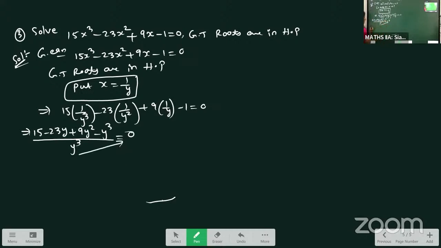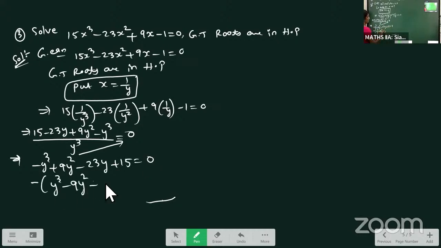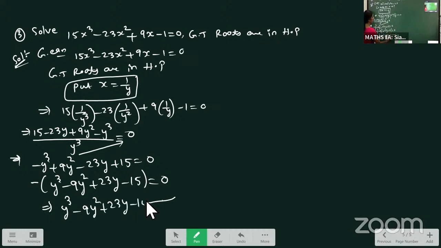Write in reverse order: minus y cube plus 9y square minus 23y plus 15 is equal to 0. Take minus common: y cube minus 9y square plus 23y minus 15 is equal to 0. Minus goes to the other side. So the left out equation is y cube minus 9y square plus 23y minus 15 is equal to 0.